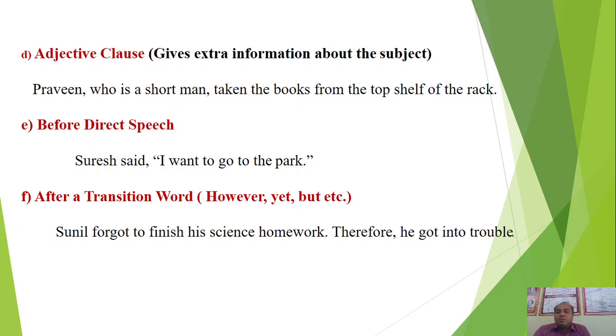The next example where we use a comma is after a transition word. Example: Shunil forgot to finish his science homework. Therefore, comma, he got into trouble. In the second sentence, a transition word is used.